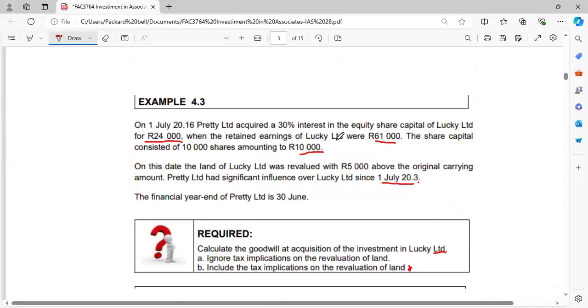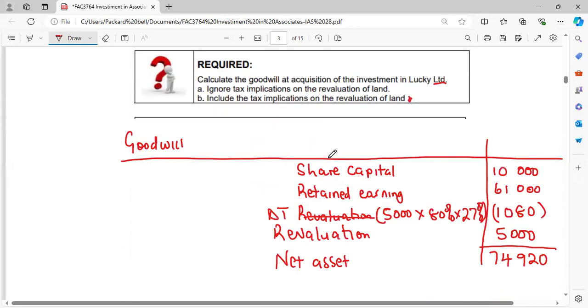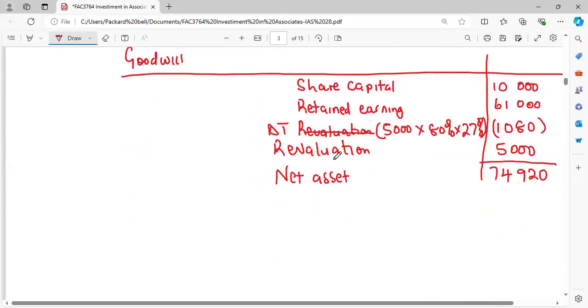That determines the value of equity which was purchased. So it's 30% of this figure, 74,920. That is going to be the interest.